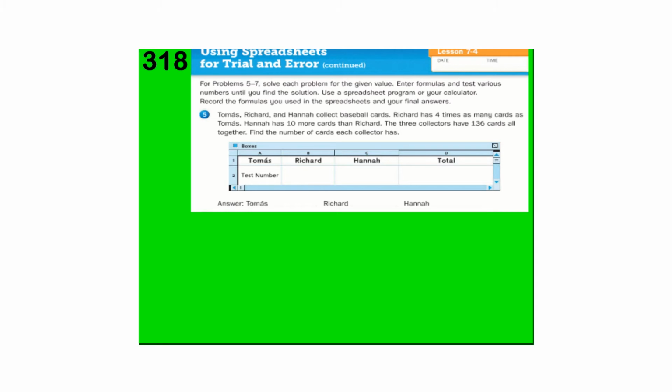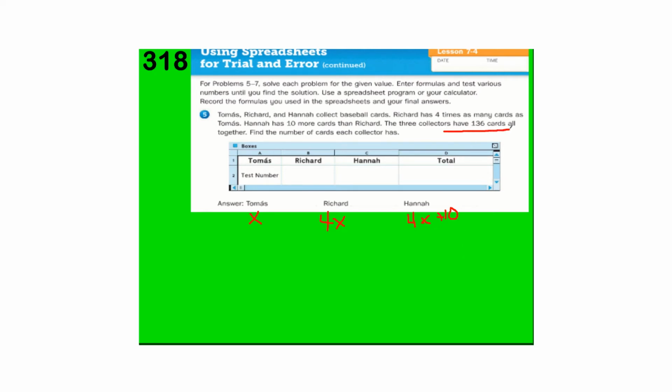Okay, we have Thomas, Richard, and Hannah. Thomas has x amount of baseball cards. Richard has 4 times that amount. Hannah has 10 more than Richard. So there's their formulas, there's the amounts that each person has.